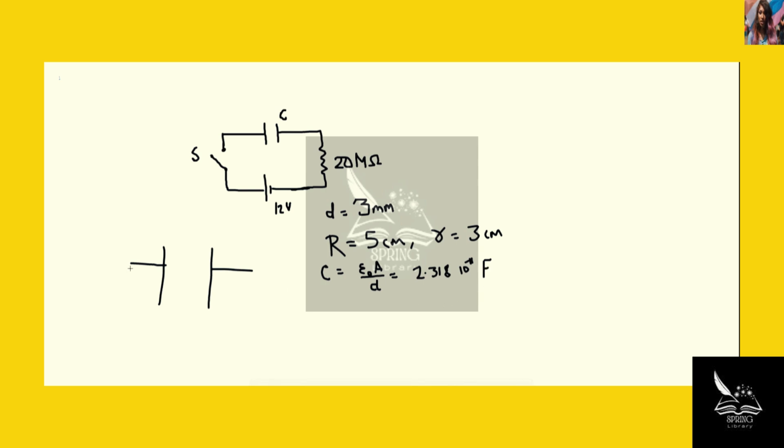Now we need to find the magnetic field at a radius of 3 centimeters. If this is 5 overall, the 3 should be somewhere at least this much from the center. So we start with Ampere's law: the integral of B dot dl.